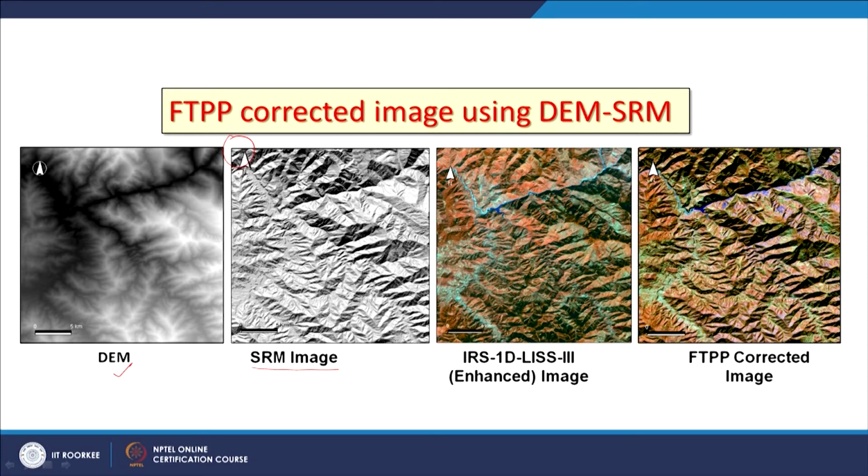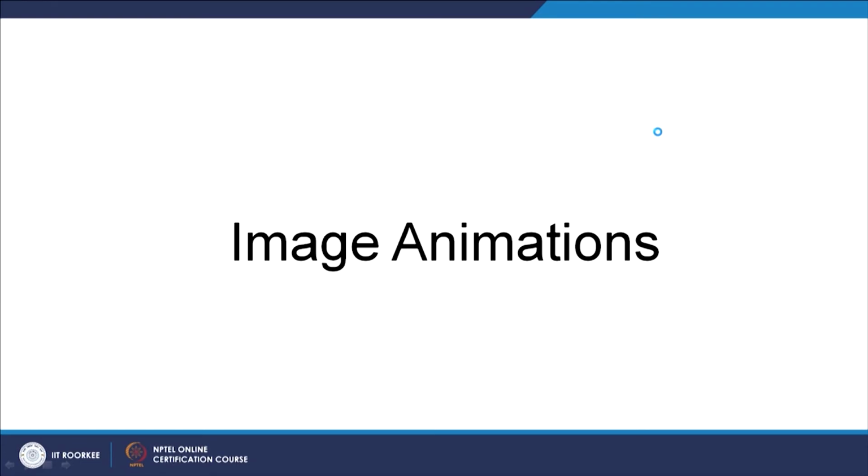This image is of course suffering from FTPP, where the illumination source is here. After using this one and this one, a new product has been created where the illumination source is here, the satellite image is here, and of course in the background you have the shaded relief model or digital elevation model. So a problem can be solved very easily by doing integration in a different way.